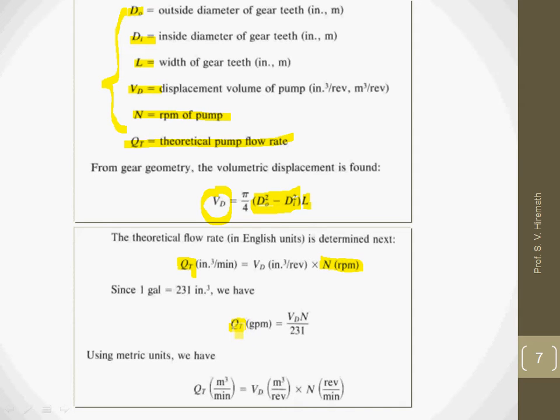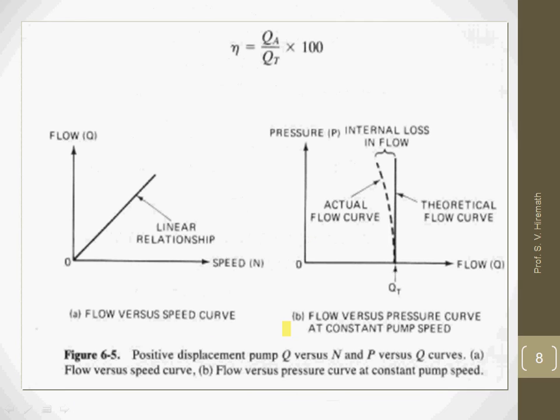If you want the Qt in terms of gallons per minute, then we should divide Vd into n by 231 as a constant. If not, we will be getting this one. So this is for the metric unit, and this is for the English units, right. So we can use any one formula between these two.